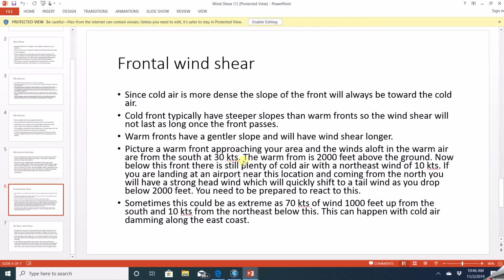So the surface actually might have northeast winds, maybe 5, maybe 10 knots. So not very strong. If you took an aircraft off, you're going to fly to the north into the wind, and within 2,000 feet, you're going to encounter a 70-knot southerly jet. How's your aircraft going to react to that? So you've got to be aware of that kind of wind shear, understand it, and be able to deal with that in your flight.